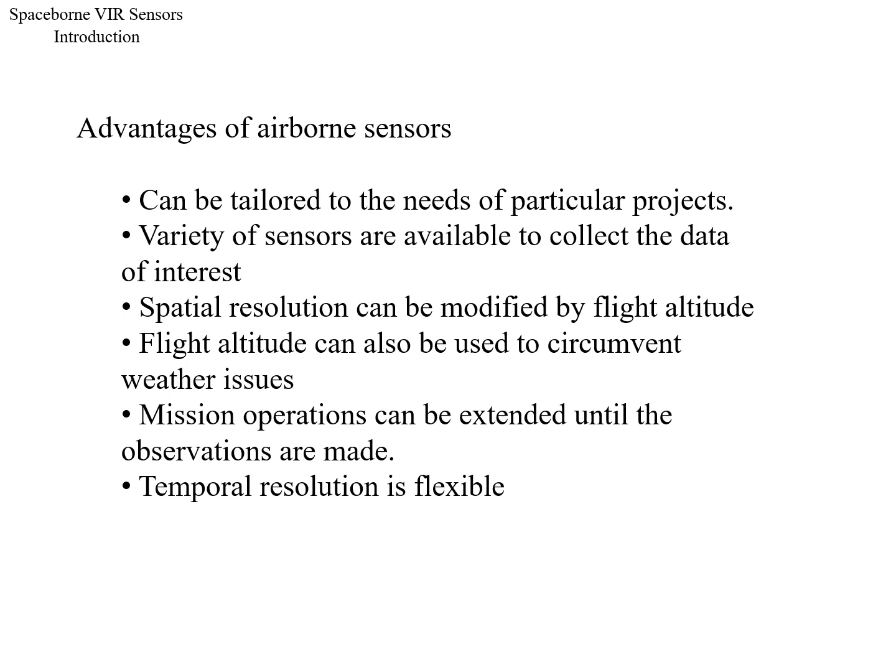You can adjust your spatial resolution just by modifying your flight altitude, whereas with a satellite you're locked in at whatever the satellite's altitude is. Flight altitude can also be used to circumvent weather issues, so you can fly below clouds if you need to.